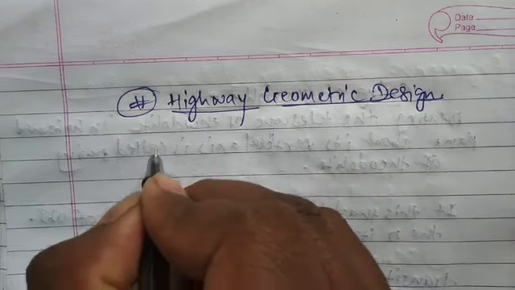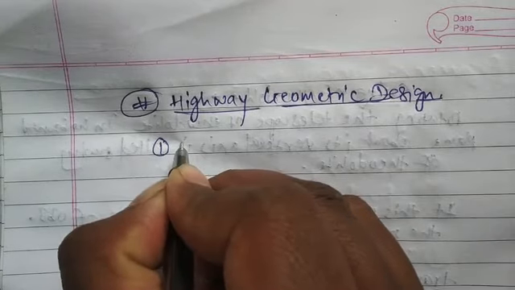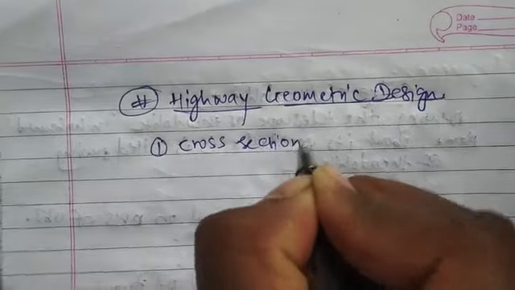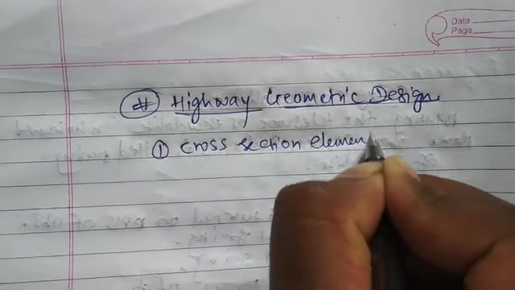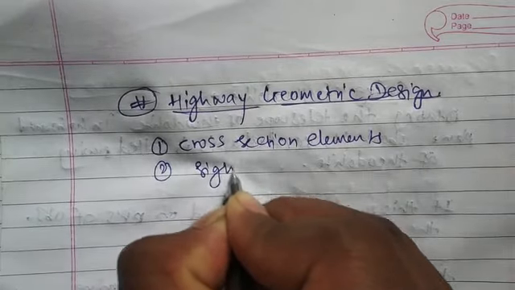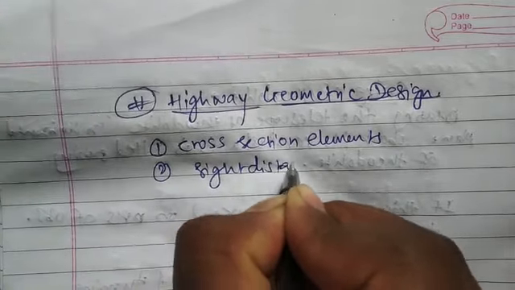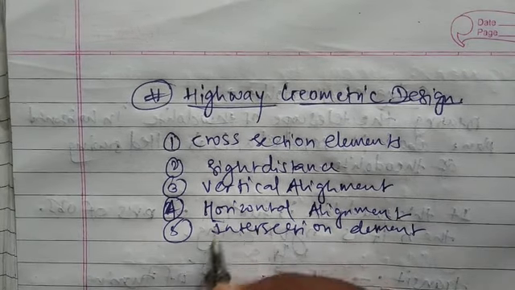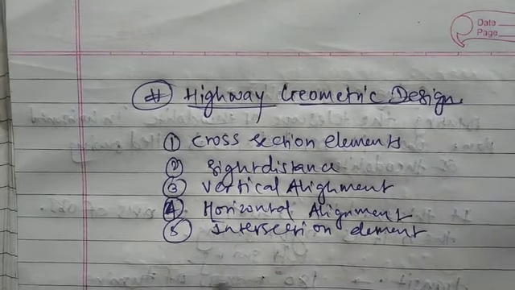The geometric design mainly deals with the design of cross-section elements, sight distance, vertical alignments, horizontal alignments and intersection elements.